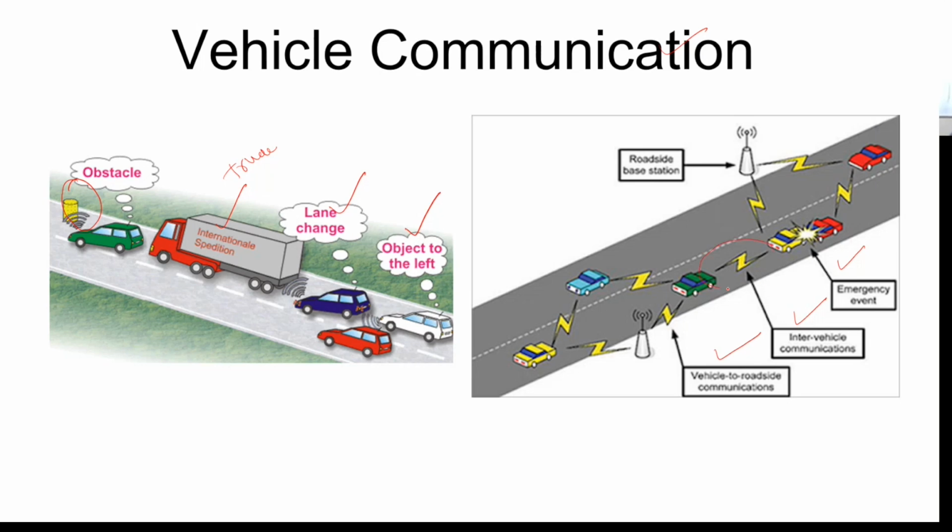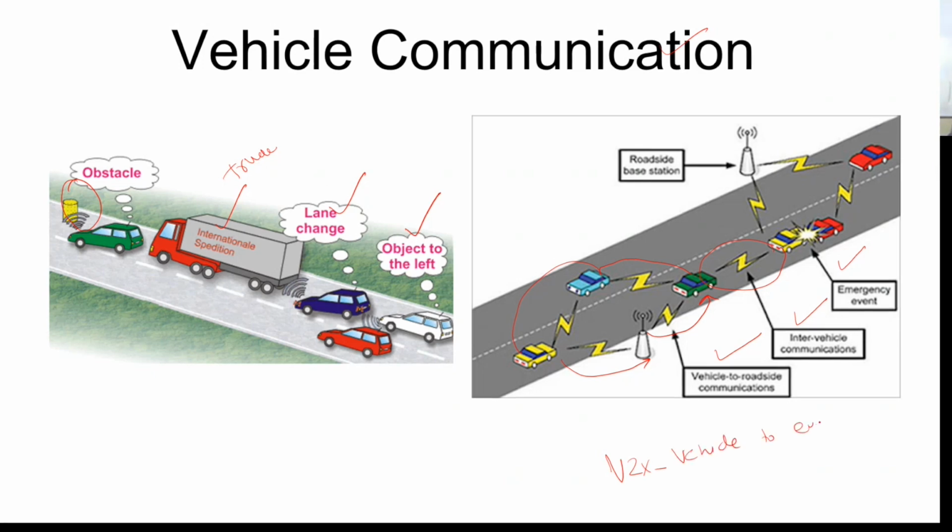That information is being sent from this car to this car, from this car to this roadside unit, from the roadside unit to the car, and from this to this car. Likewise, the roadside unit can communicate to the cars, and the cars themselves can communicate to the roadside units. That's what we call V2X, vehicle to everything.